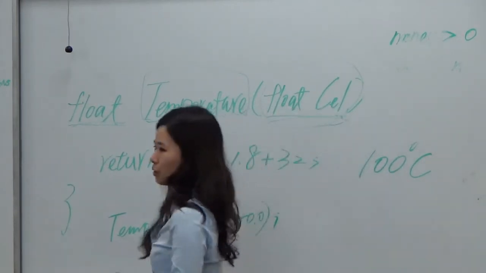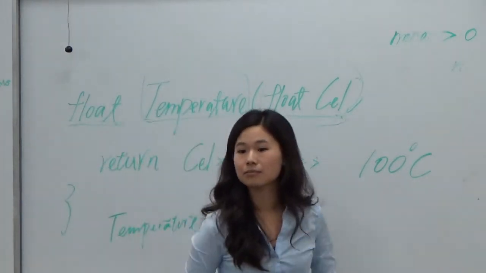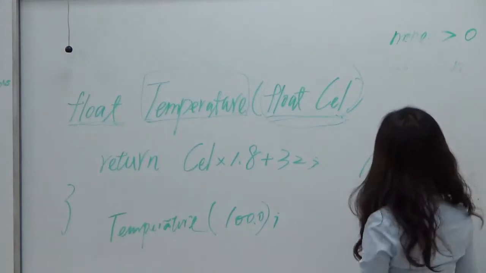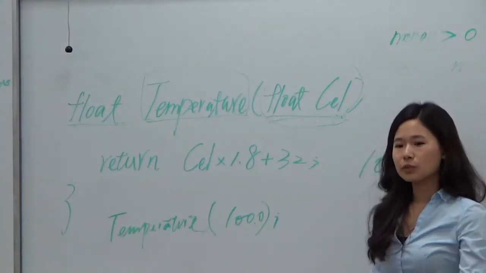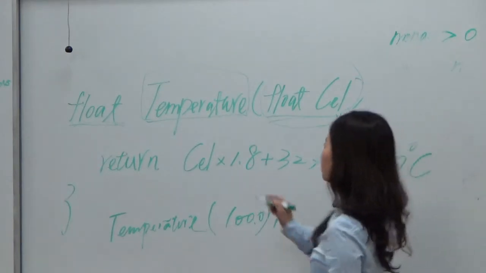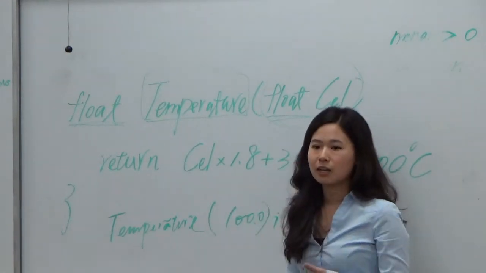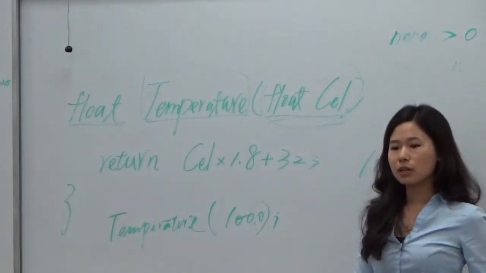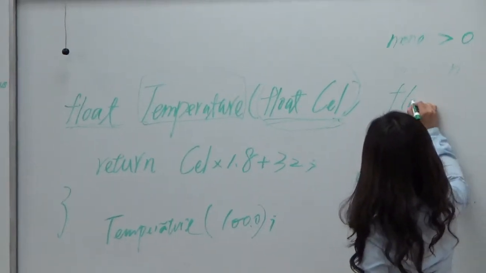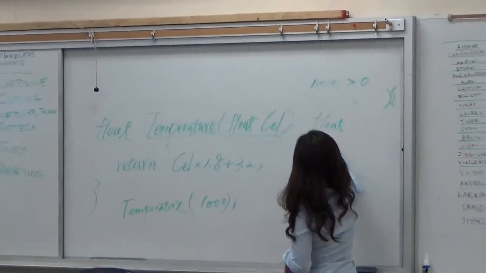Okay. Oh, sorry, I didn't explain it. Remember when we talked about data types? We have integer, float, double. Float is very similar to double.